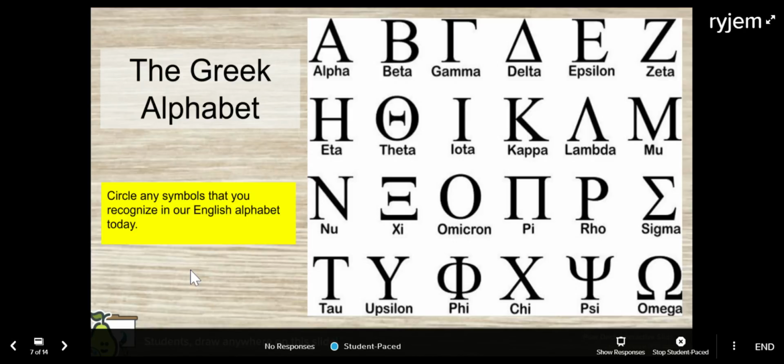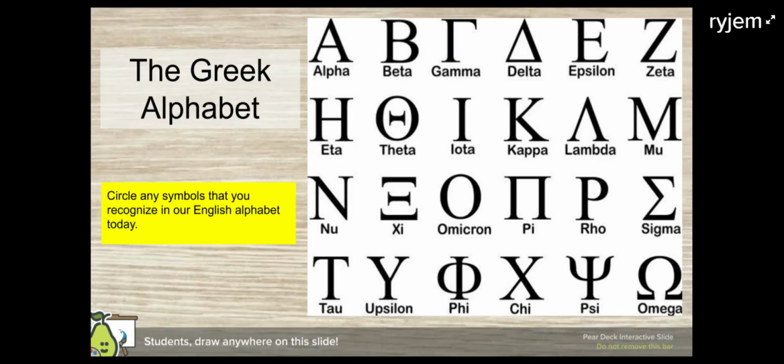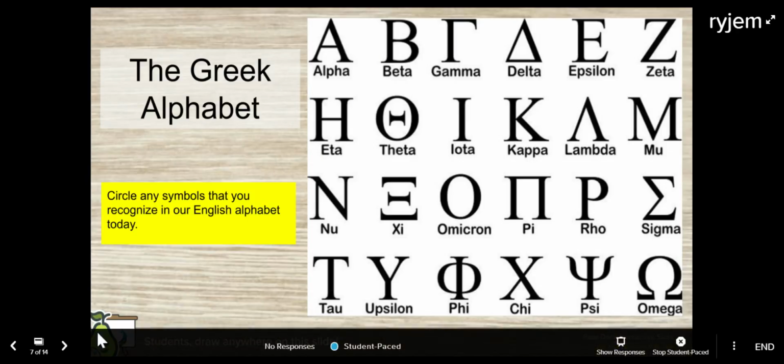So what I would like you to do is circle any symbols that you recognize in our English alphabet today. And if you are wondering how this alphabet is pronounced, we're going to start up here at the top with alpha, beta, gamma, delta, epsilon, zeta, eta, theta, iota, kappa, lambda, mu, nu.